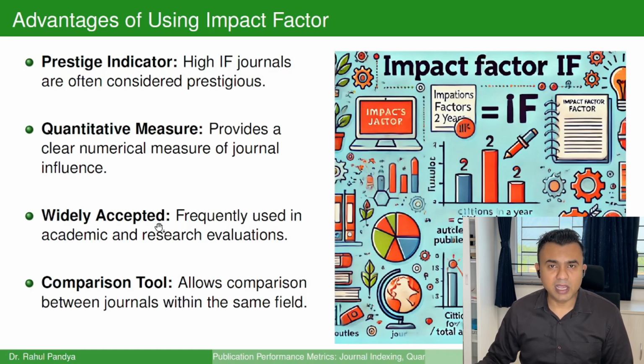Everyone knows the impact factor very well, so it is frequently used in academic and research evaluations. All researchers will look at the impact factor of a journal, and after that they will upload. It also provides a good comparison tool, allowing comparison between journals within the same field.